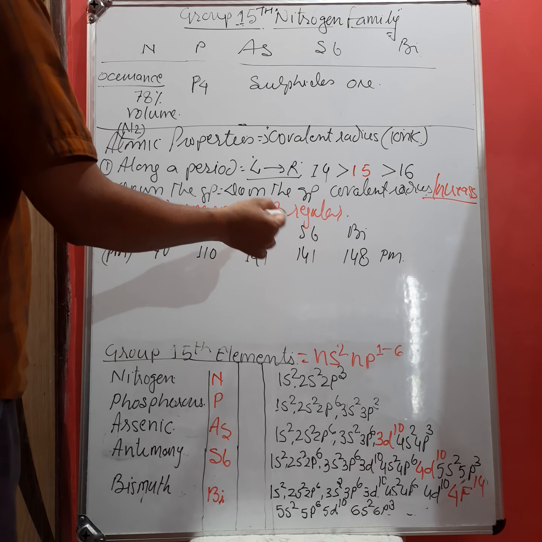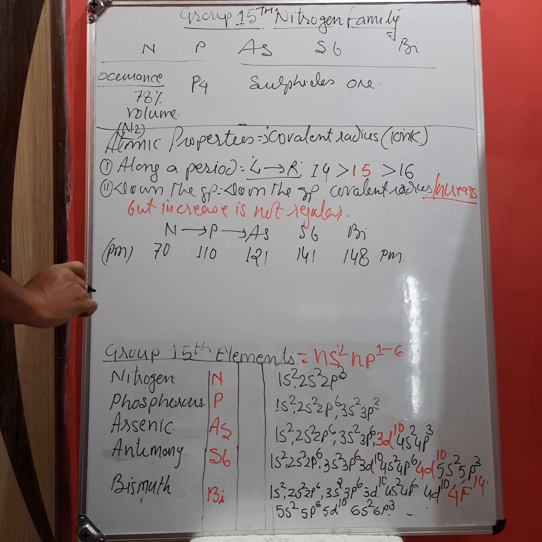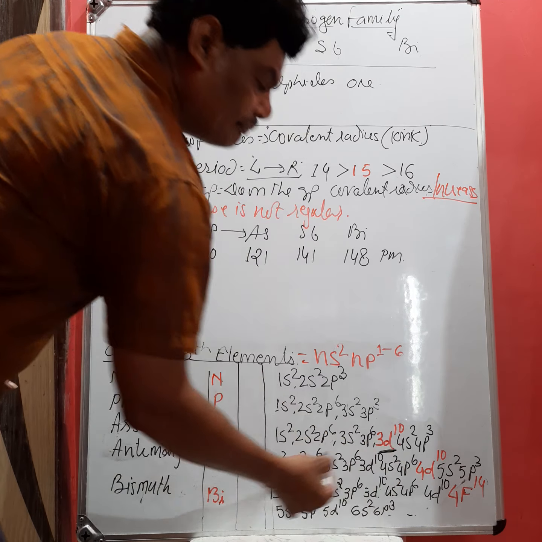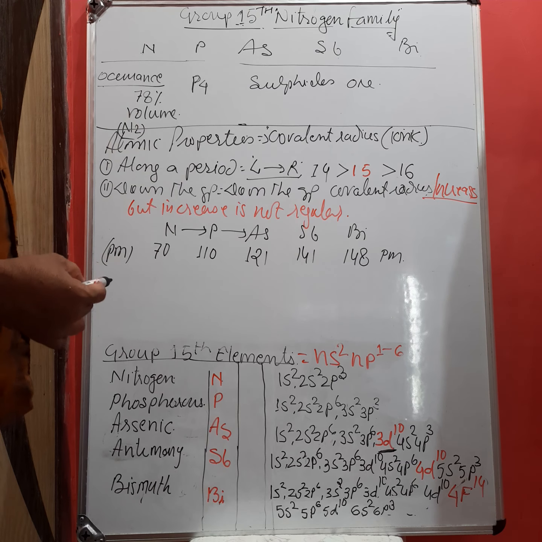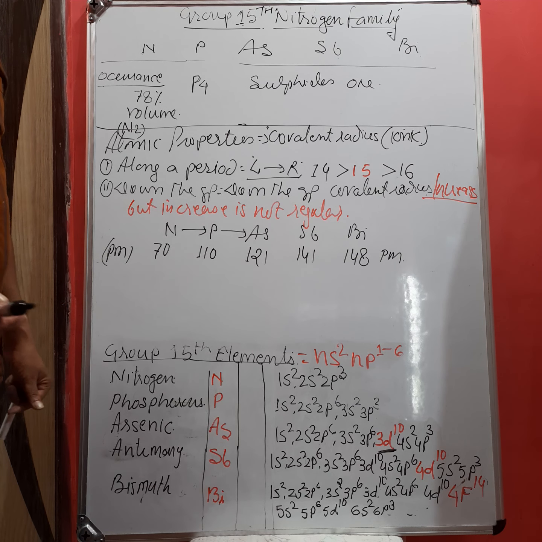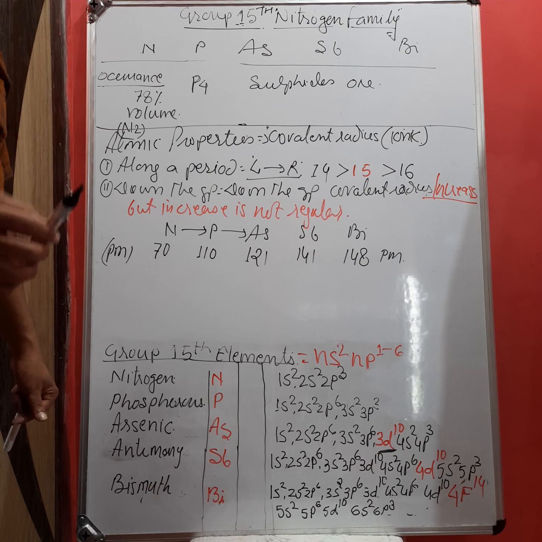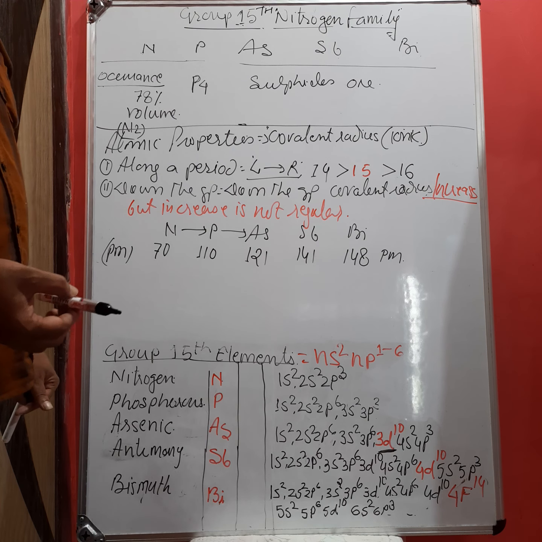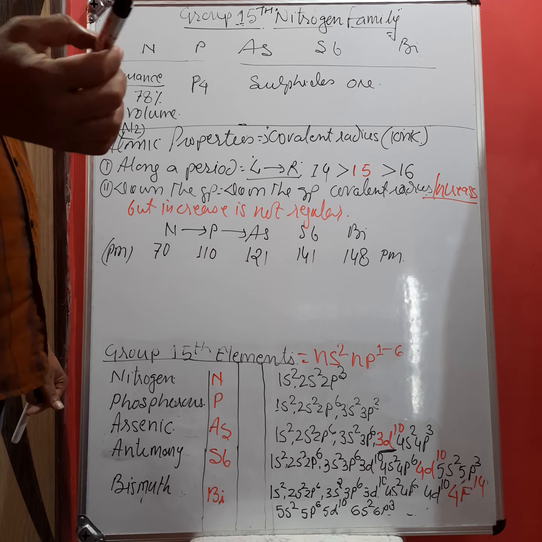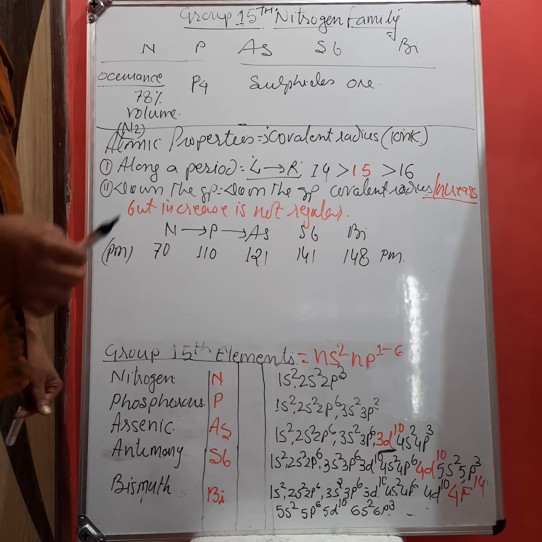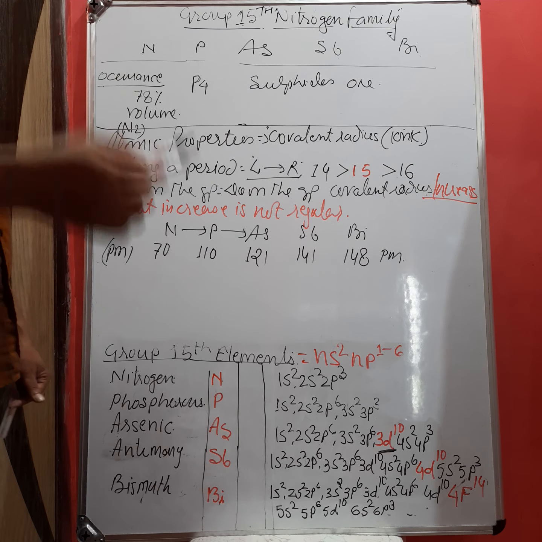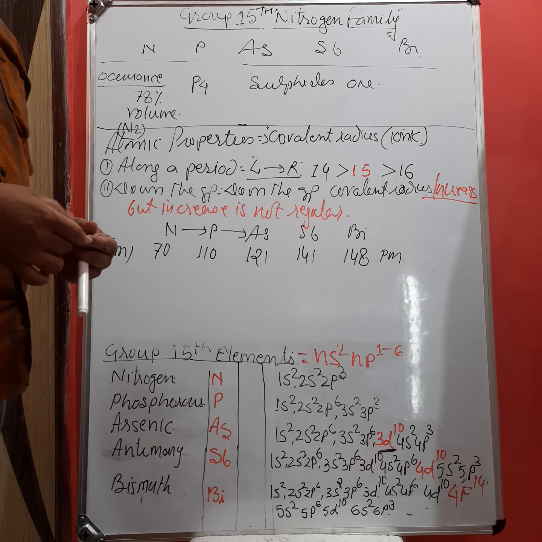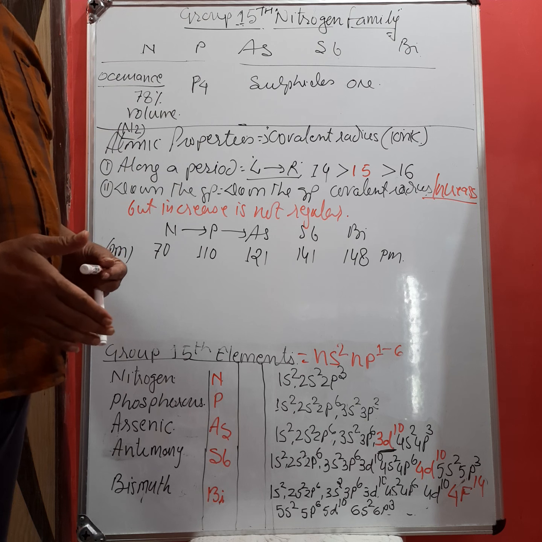The reason behind the irregular increase in covalent radius is the introduction of 10 electrons in d orbitals. You know, students, when the electron enters the d subshell, poor shielding effect is shown by the d subshell. Therefore, the valence electrons, that is 4s2 4p3 electrons, experience stronger nuclear attraction force.